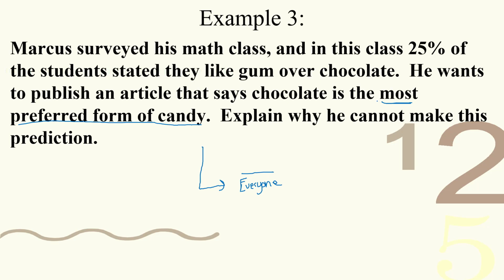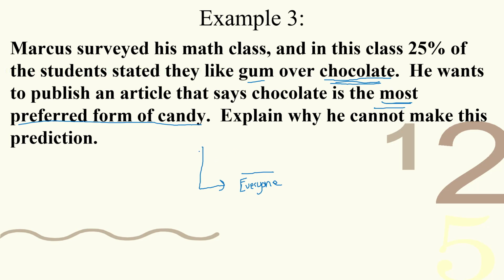Now, the other error in this: 25% of the students said they like gum over chocolate. That doesn't give enough information to indicate that chocolate is the only other preferred candy, and that chocolate would be the most preferred.